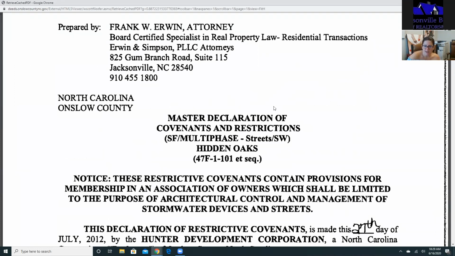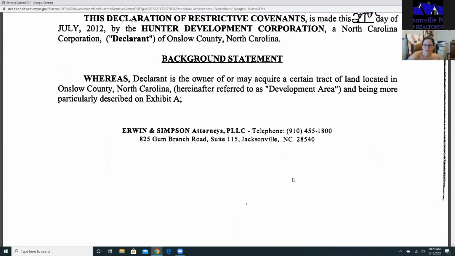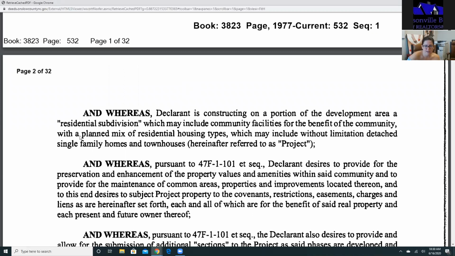So this is the Master Declaration of Covenants and Restrictions for Hidden Oaks. That's great. And it's 32 pages, so that's a really good indication that these are the main restrictive covenants. As you're reading through them, there's a lot of legalese that comes in restrictive covenants, and you can kind of just breeze over a lot of these things.